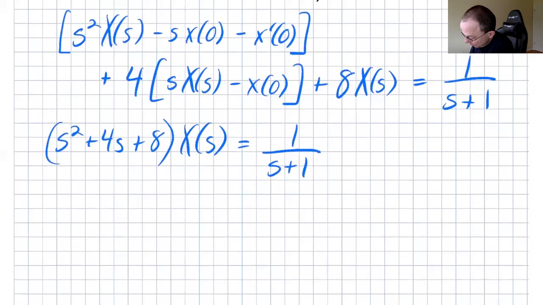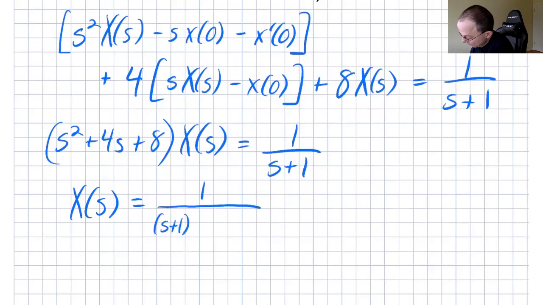Okay, so now I'm going to move this to the other side, and maybe I'll factor it as well. So I have s plus 1, and then what is this factored? I guess we're going to complete the square.